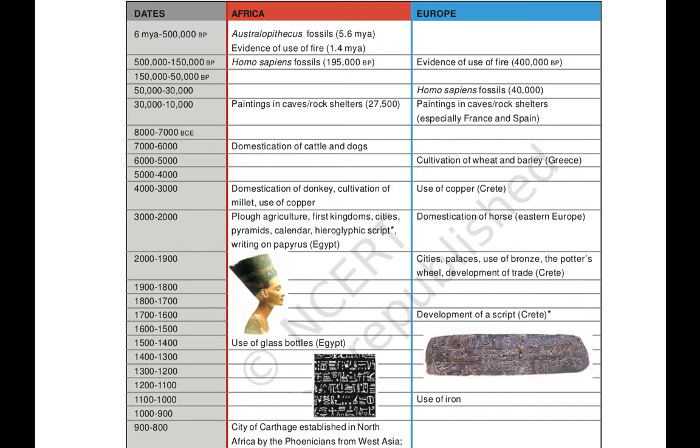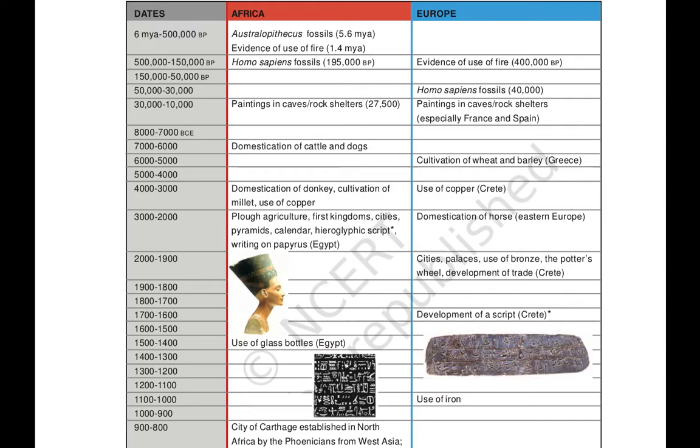Dates, 6 million years ago to 5 million years ago. In Africa, Australopithecus fossils, evidence of use of fire. Then 5 million to 1.5 million. In Africa, Homo sapiens fossils.